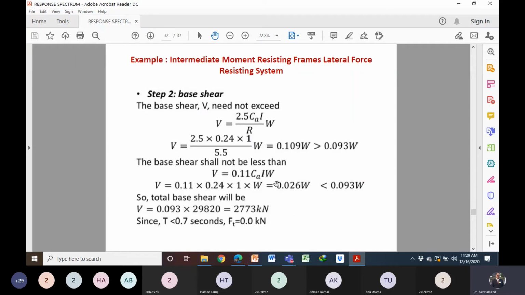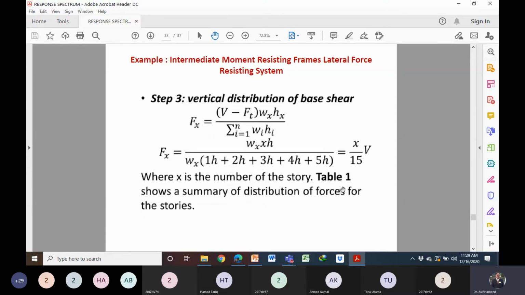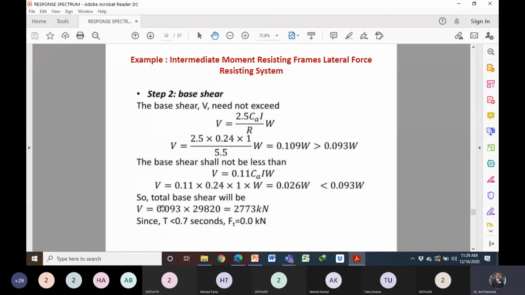Again, the base shear should not be less than this value. This value is less than the value calculated from the previous formula. Again, it's okay. So base shear is equal to 0.093 W. Just multiply with the weight, which we have already calculated. So this is the total base shear, total lateral force at the base of the structure.